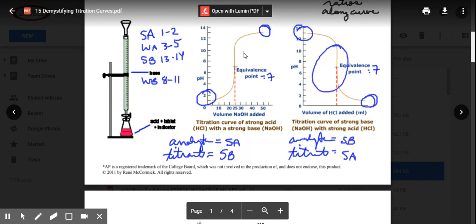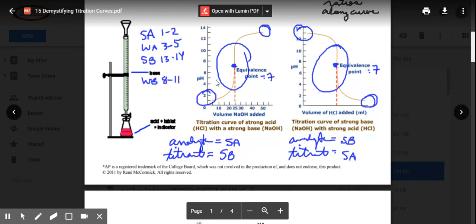If I look at the spike and figure out the halfway point, the middle portion of that spike, that is where my equivalence point is. Remember, equivalence point means all of the acid or all of the base, whatever the analyte is, has been neutralized by the opposite. So that's how I figure out my equivalence point.